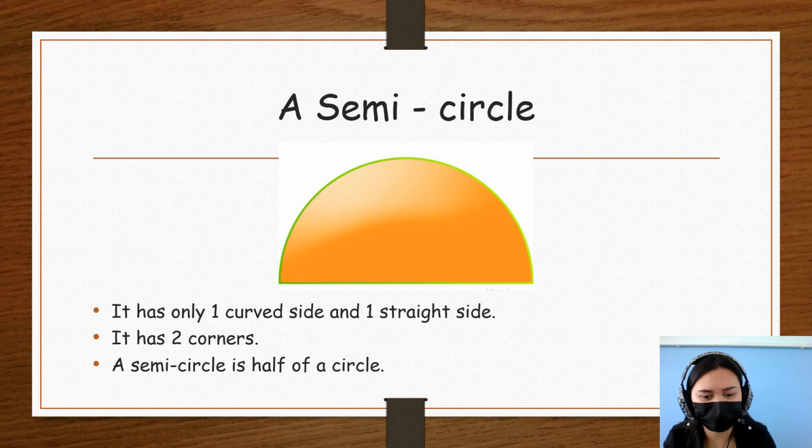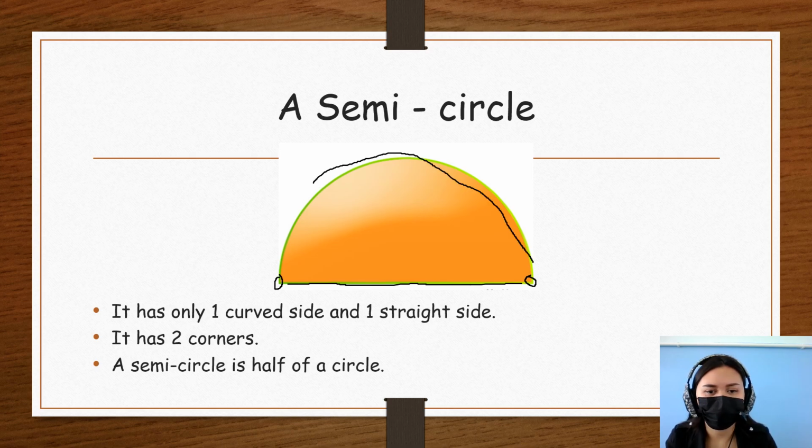So where are the corners? Let's see. So these are the corners. And one side. This is the one side. And one curve. Okay, this is the curve. It's a semicircle shape.